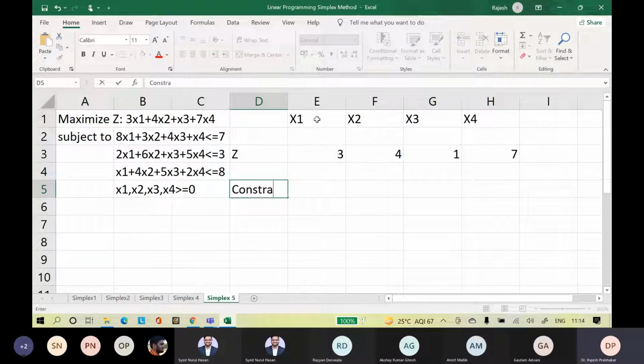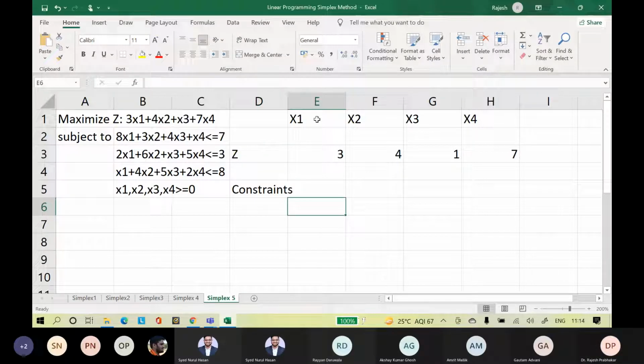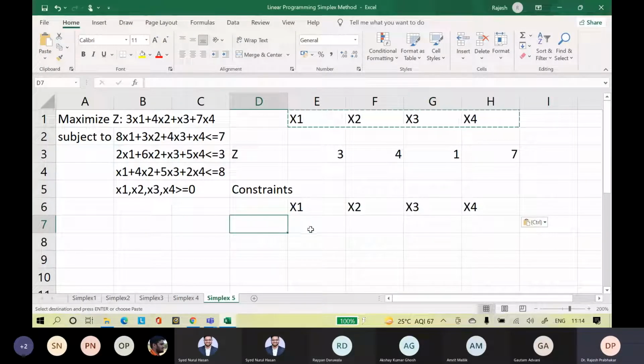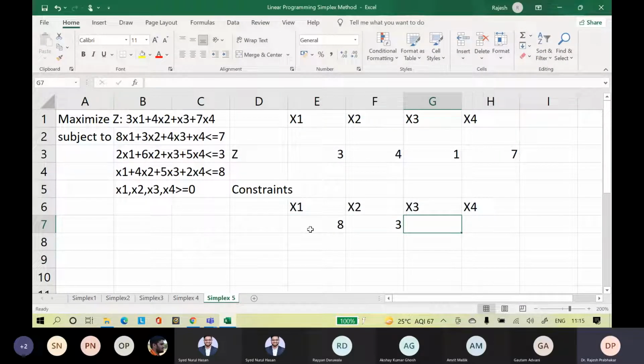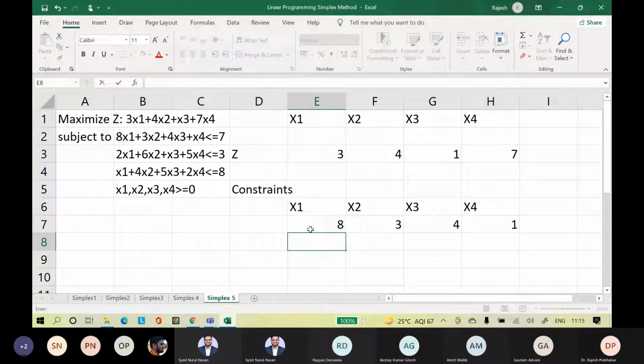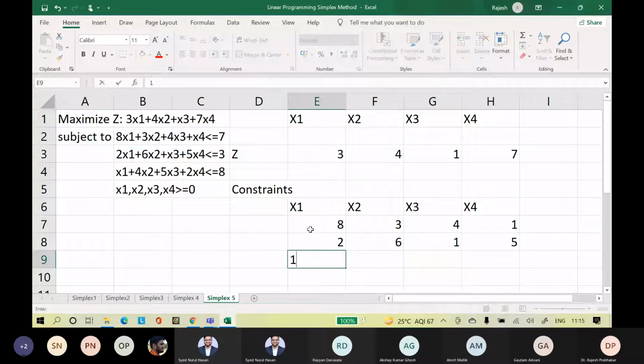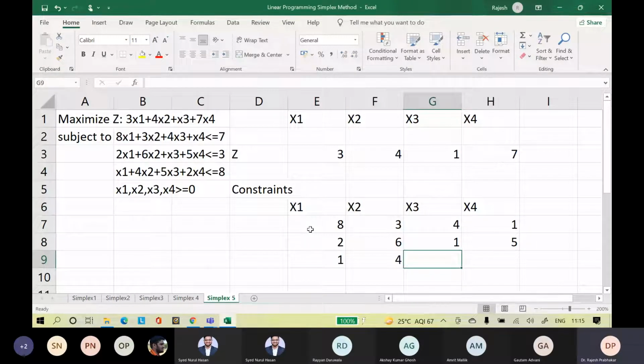Constraints. So x1, x2, x3, x4, the constraints are 8, 3, 4, 1, 2, 6, 1, 5, 1, 4, 5, 2.